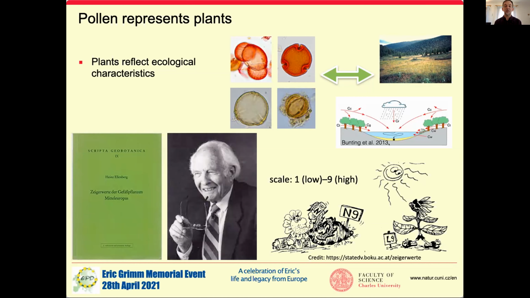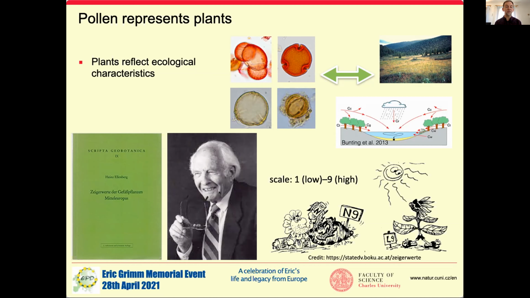But on the other side of the story, there are vegetation ecologists, and if I may say, there are geobotanists. I myself consider myself a geobotanist, so a plant ecologist. Those are scientists, mostly this field developed in Central Europe, describing vegetation communities, and they are also characterizing these vegetation communities ecologically.